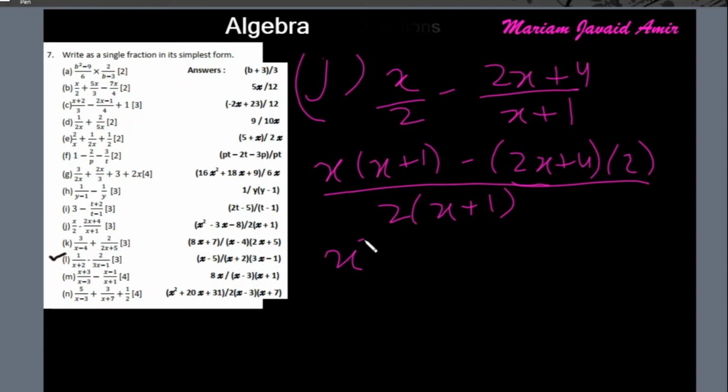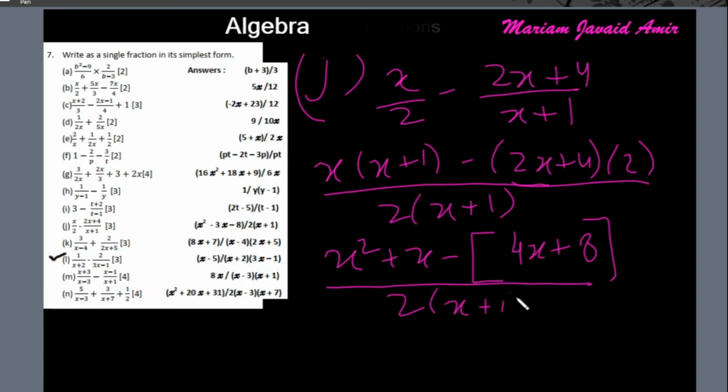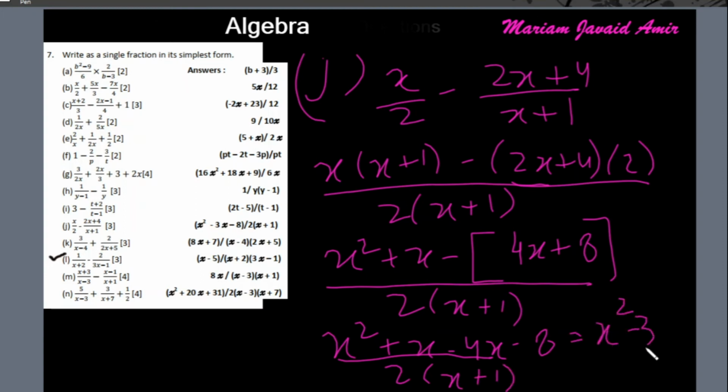So we get x square plus x minus big brackets 4x plus 8 over 2 times x plus 1, open the brackets, x square plus x minus 4x minus 8 over 2 times x plus 1. So this becomes x square minus 3x minus 8 over 2 times x plus 1. Answer for part J.